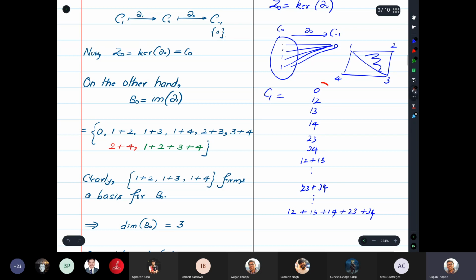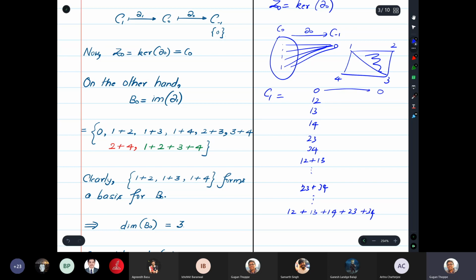These are the different possible one chains. We have to look at all possible 0 chains that these one chains get mapped to under ∂1, because recall that B0 is the image of ∂1.